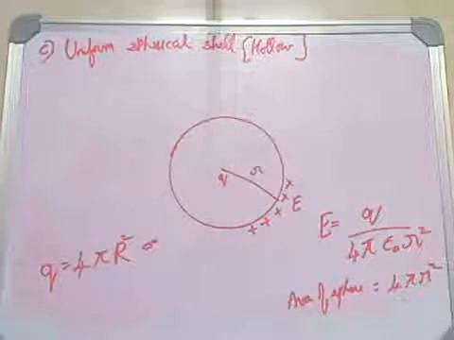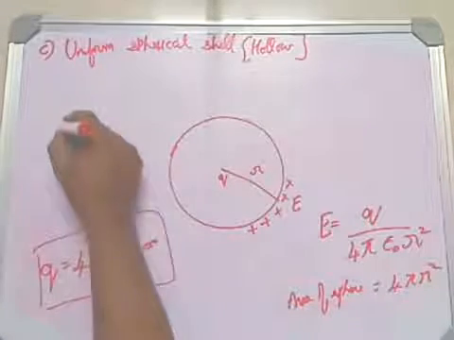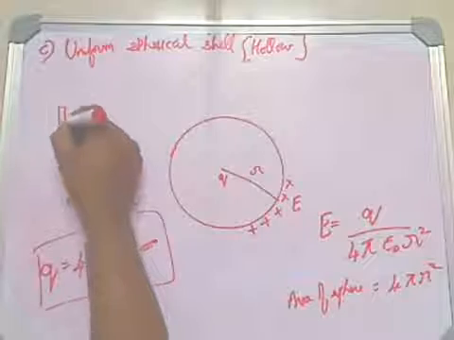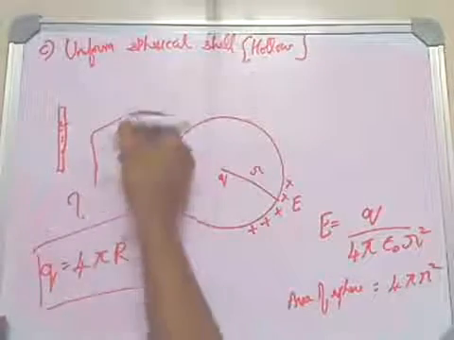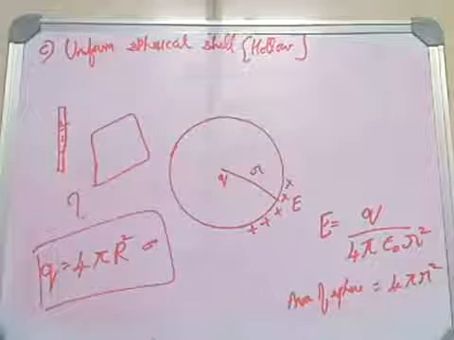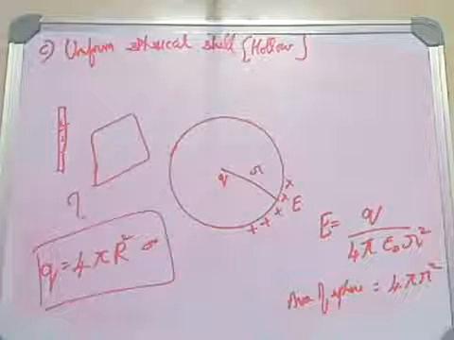Now, why is it that Q has never appeared in the previous 2 concepts? That is, why hasn't it appeared in a thin wire? Why hasn't it appeared in a plane surface? Now, a sphere is finite in size.